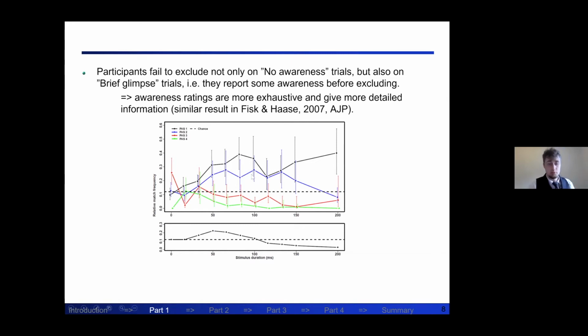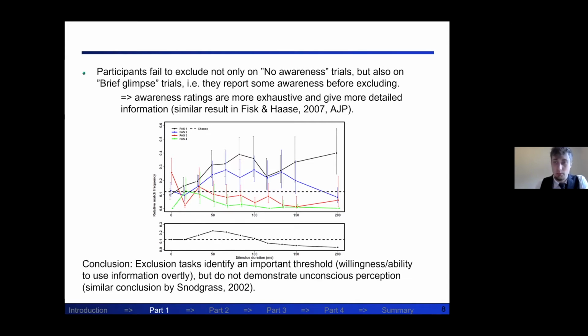So this to us suggests that this exclusion task is not entirely exhaustive, that there is indeed residual awareness in it. Now, my own conclusion on this is not that it is a bad task or useless in any way, but I tend to conclude similarly to Michael Snodgrass in 2002, where he says that exclusion tasks identify an important threshold, which is the willingness or ability to use information overtly, but they do not demonstrate unconscious perception.